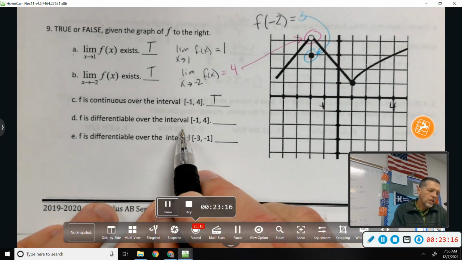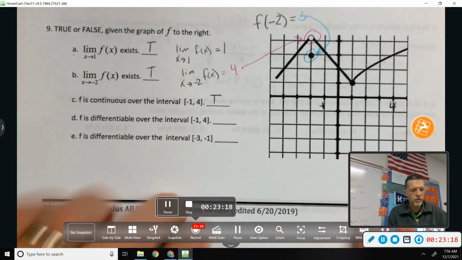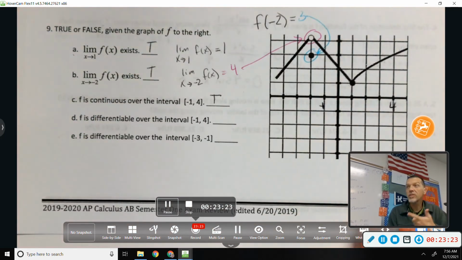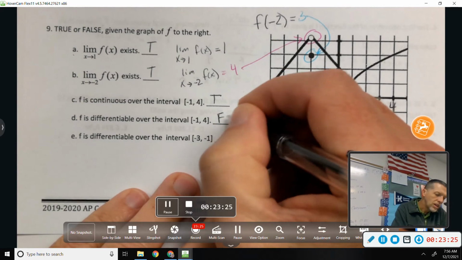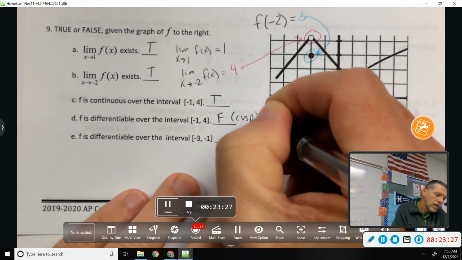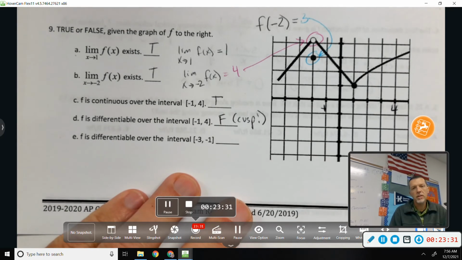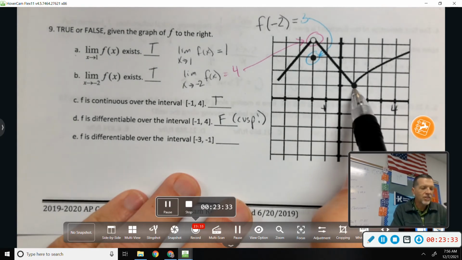F is differentiable from negative 1 to 4. What do we think about that one? False, because of the cusp. It's continuous at that cusp, but it's not differentiable at the cusp. There's no way to find the slope at a pointy spot. You couldn't draw a tangent line right there.